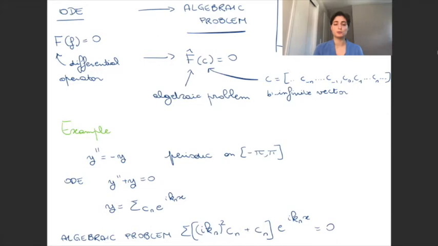We replace the second derivative of y by the sum of (i kn) squared Cn e to the i kn x for every integer n. So we replaced y second plus y equals 0 with this infinite sum of (i kn) squared Cn plus Cn, times e to the i kn x, summing over every n, equals 0.